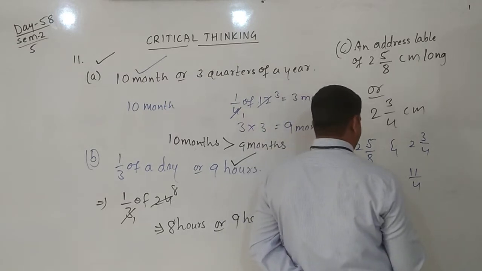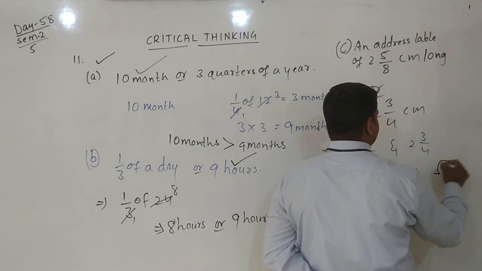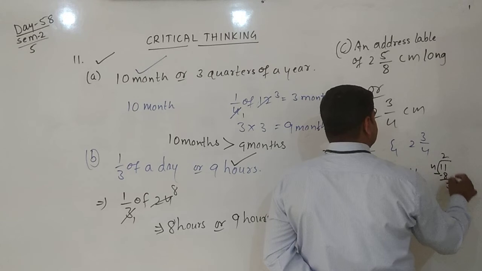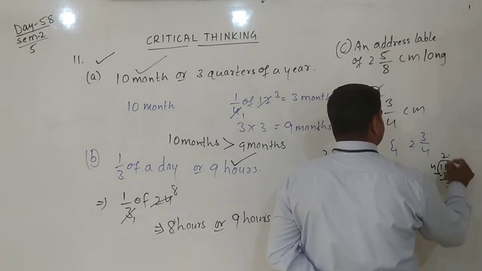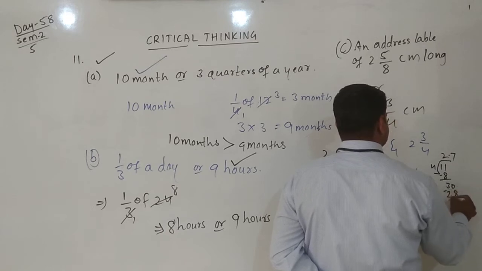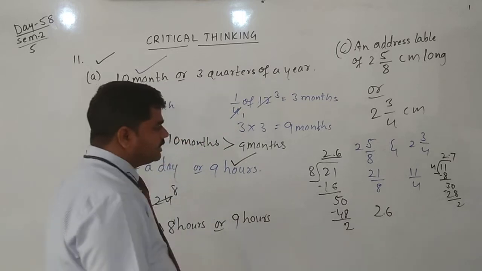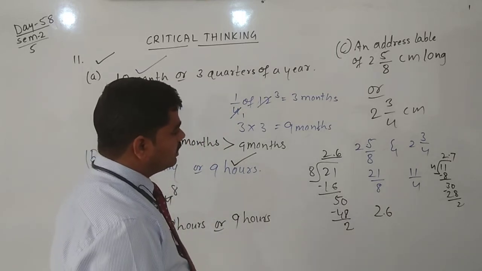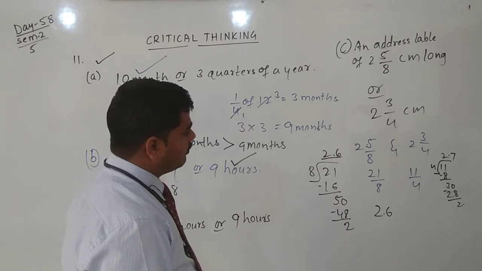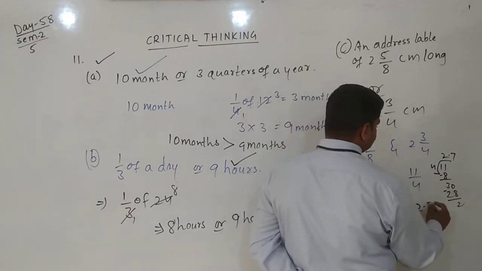And this one, 11 by 4: 4 twos are 8, 3 remains, take point 0, 4 sevens are 28. So it is 2.7.